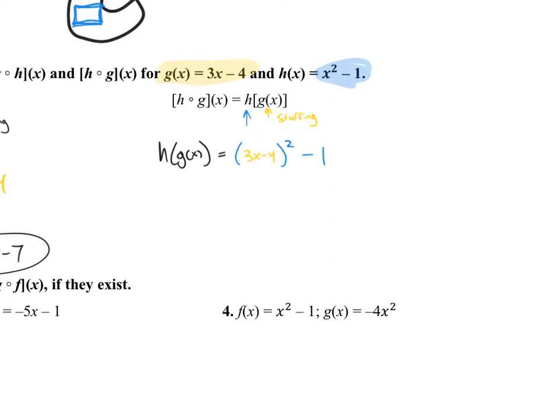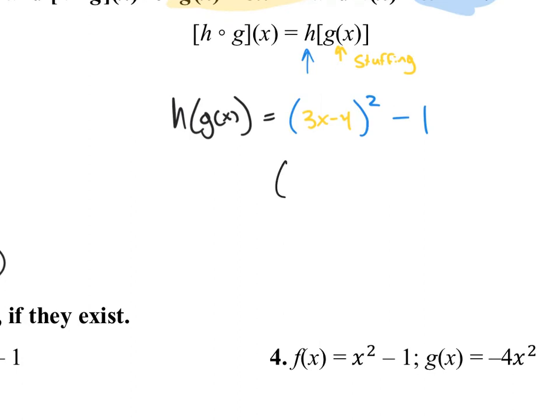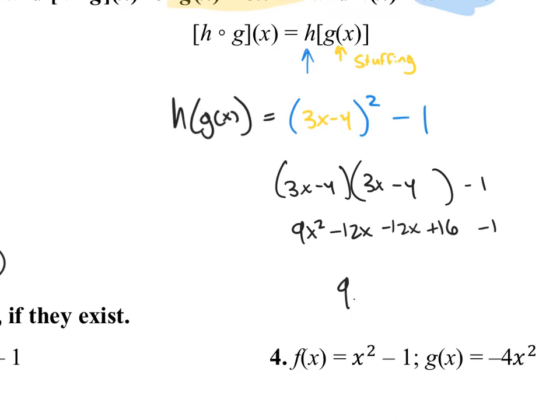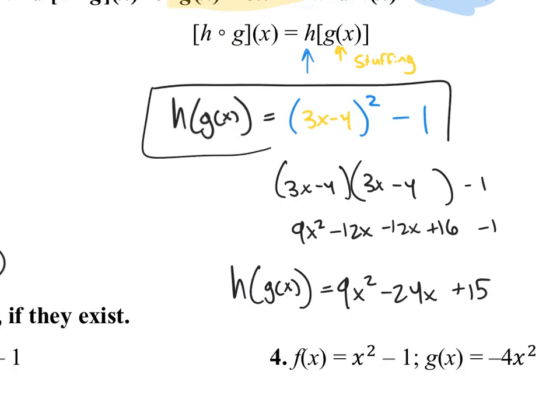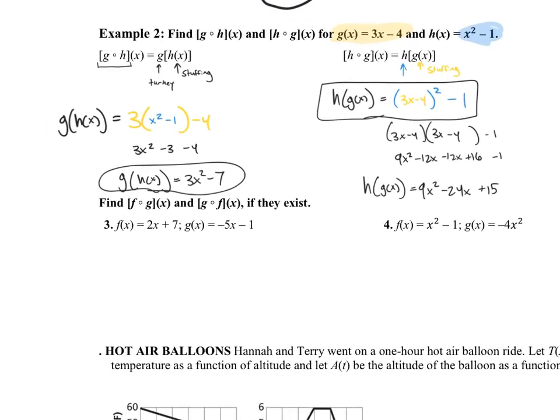And you could also simplify this one as well. That would have to be done by foiling that out. So you'd get 9x squared minus 12x plus 16 minus 1, to give us this. So that would be the expanded version, but it's the setup that I'm focusing on today. There is H of G of X.